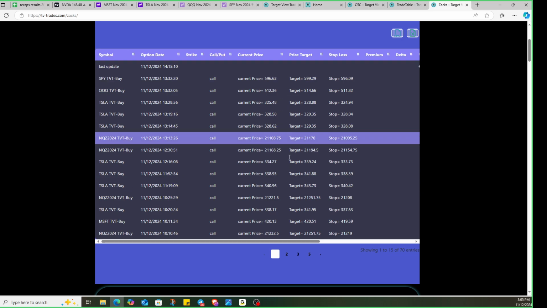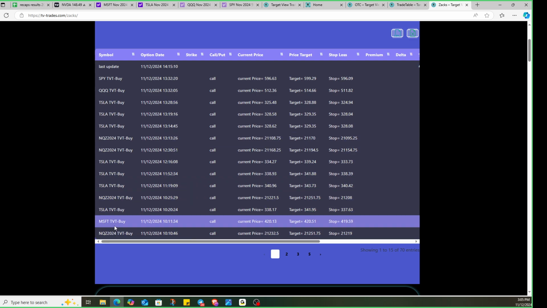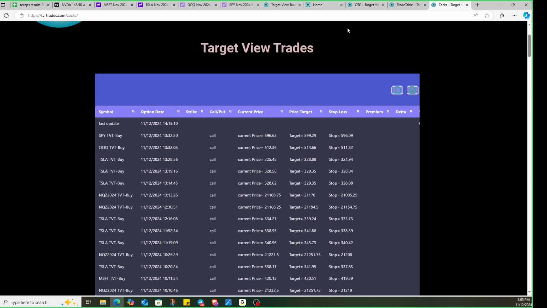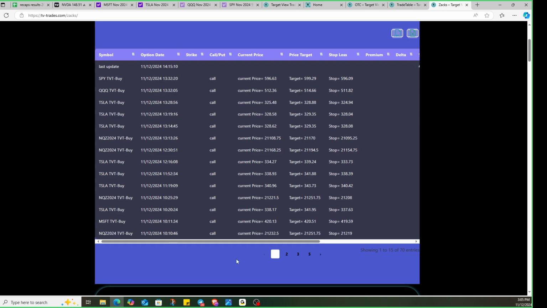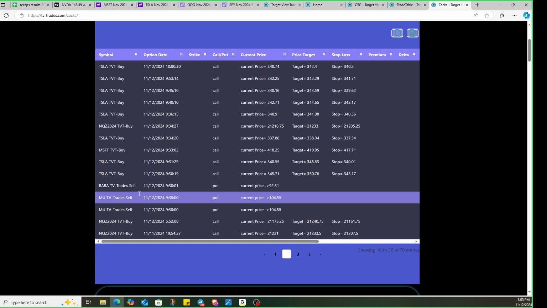This updates automatically with all the trades as they trigger: the SPY, the QQQ, the Tesla, the NQ, Microsoft. I have a few of them in there that trigger frequently. As you can see, this is just stuff that's triggered today, starting right here with this Micron sell this morning.